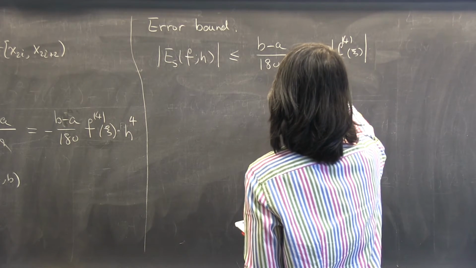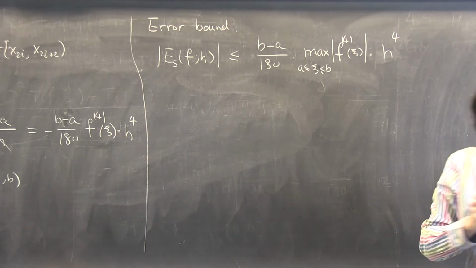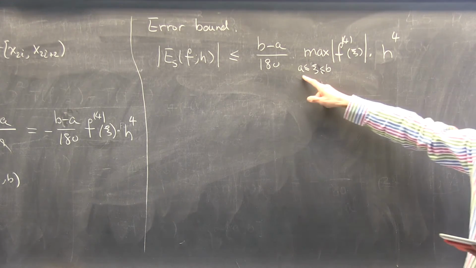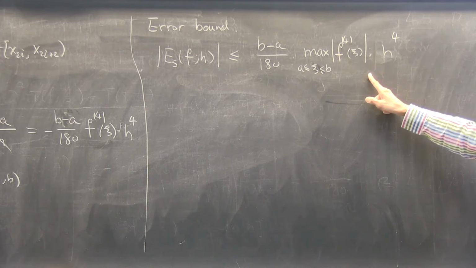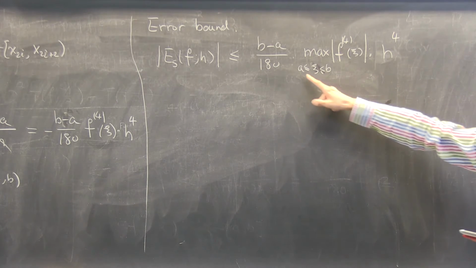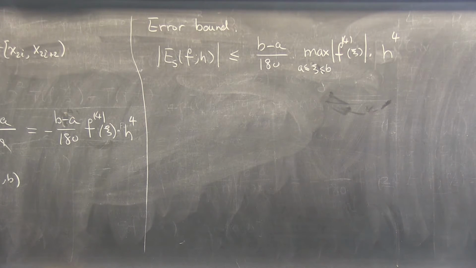I could just change it into x, but it doesn't matter. Times h to the 4th. That's your error bound, and this is something that you can figure out. It's a property of your function, right? Given a function and given interval a and b, you can find that value. So tell me, what's the order of this method now? Where do you find that order?